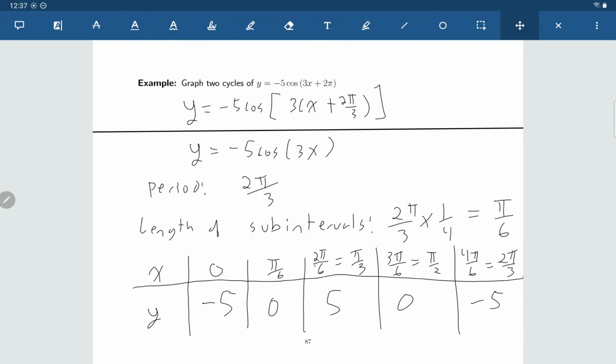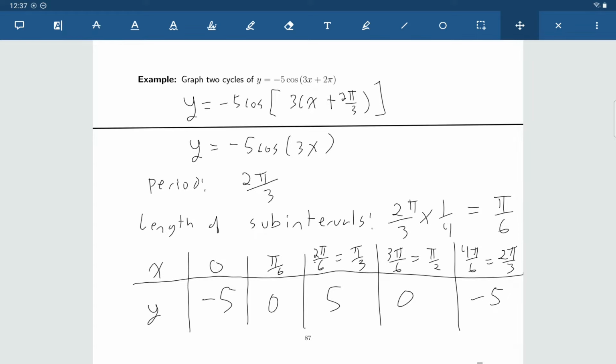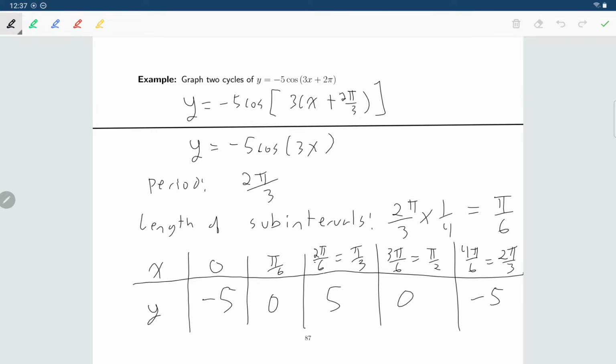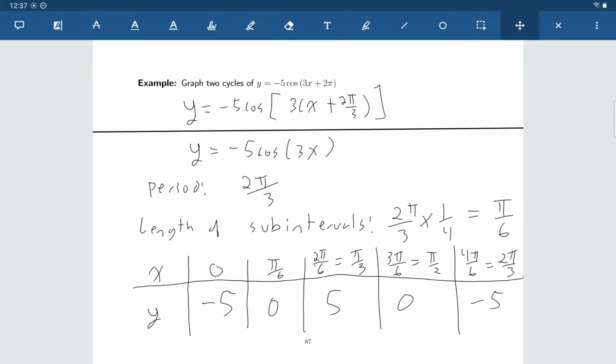All right, and so for these, I'm now going to do my phase shift, and I'm going to do that by subtracting 2 pi over 3, or adding negative 2 pi over 3, to all of my x values.